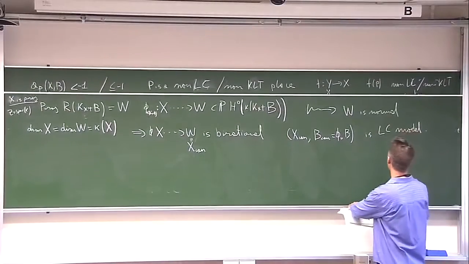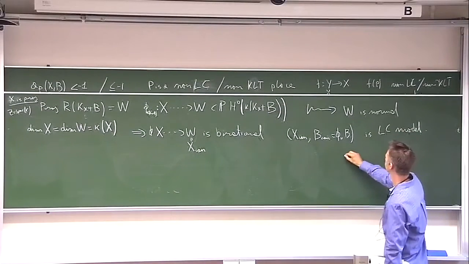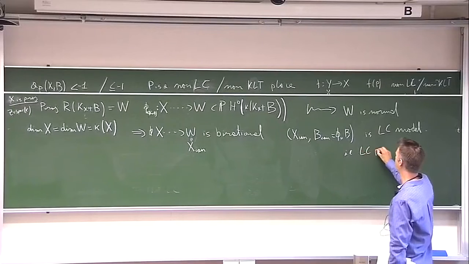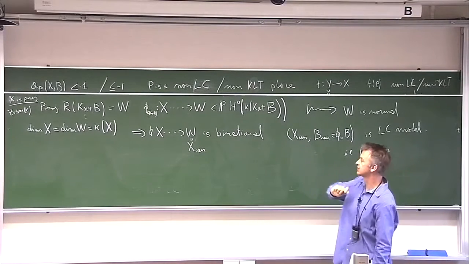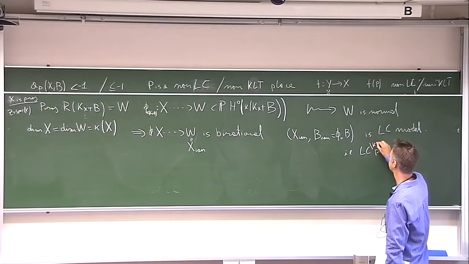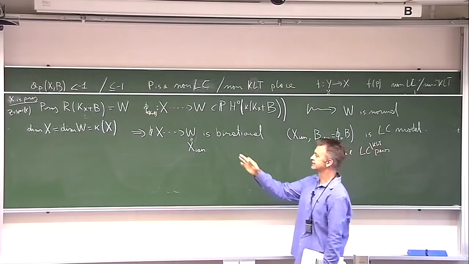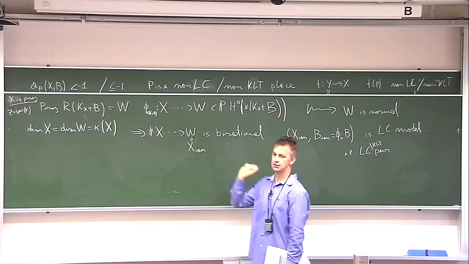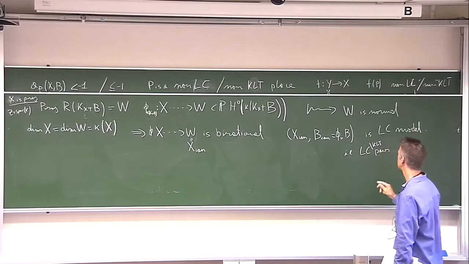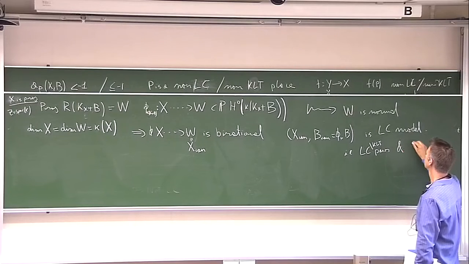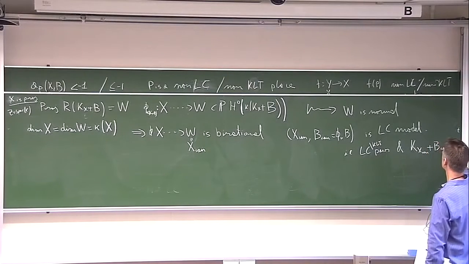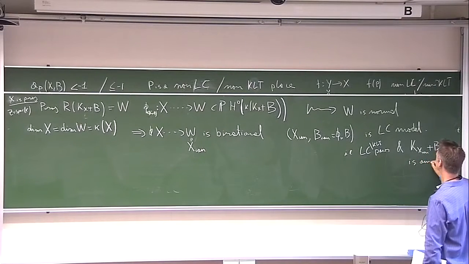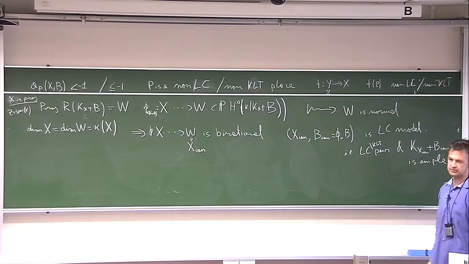It means that it's a log canonical pair, or actually, if I start with a KLT pair, it will be KLT. So the singularities do not get worse when I take the log canonical model. And this log canonical class is ample. That's what a log canonical model is.